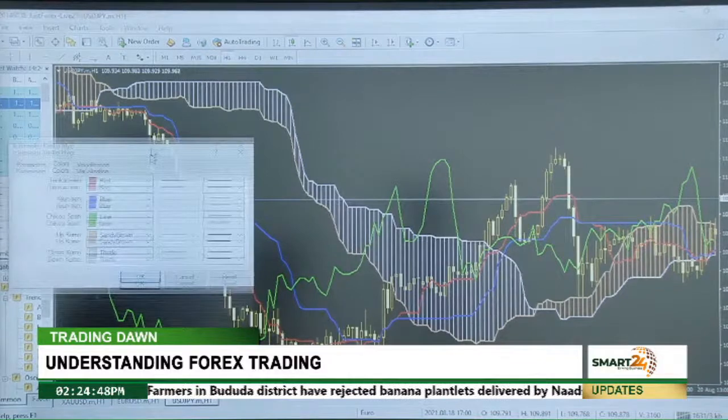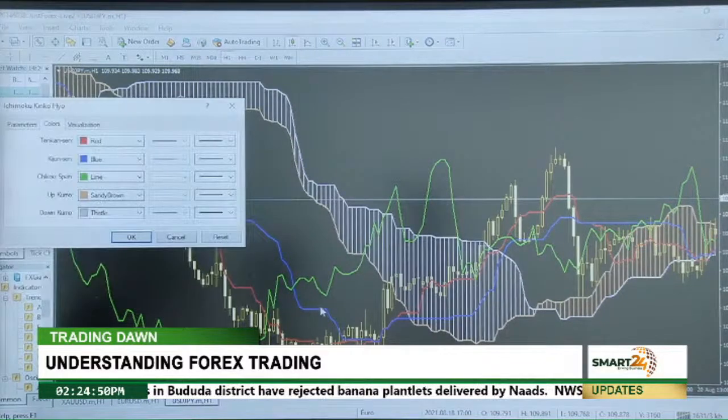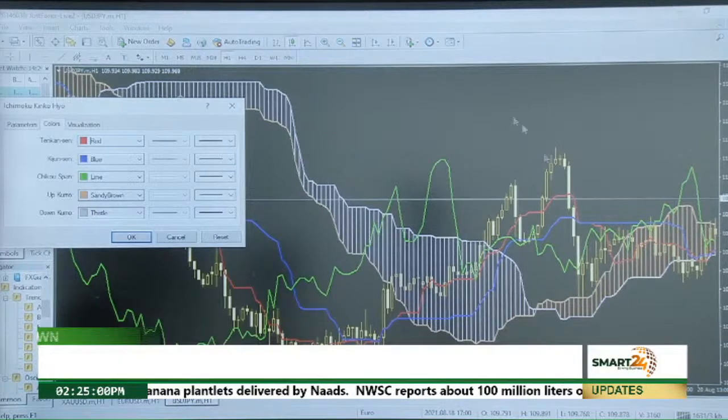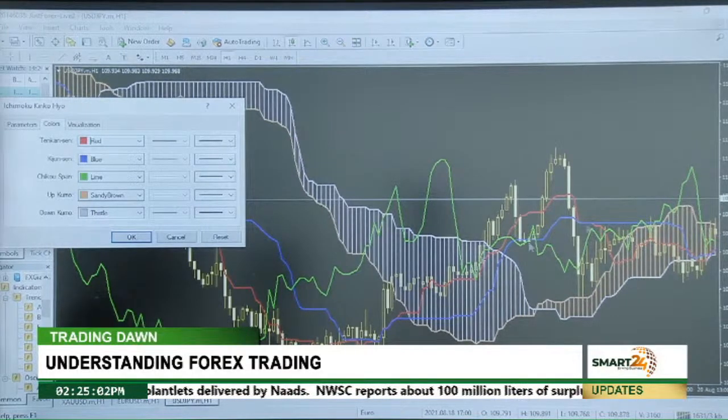Then we have this one here start changing again. But now this is where you get some kind of a fake signal, and you can see there is no entry point. So here you had the signal to get out of that trade.